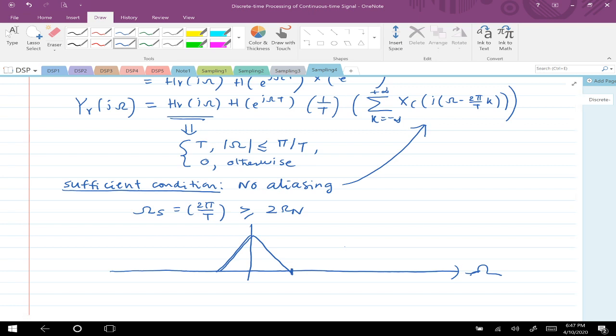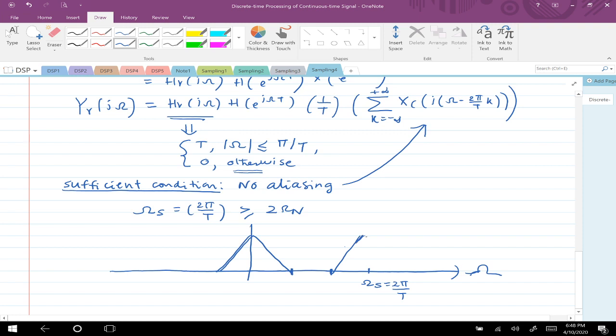If you are keeping a copy at omega s, which is 2 pi by T, this value is going to be 0 because you are multiplying it with Hr of j omega. Without aliasing, the copy should be of the same size.